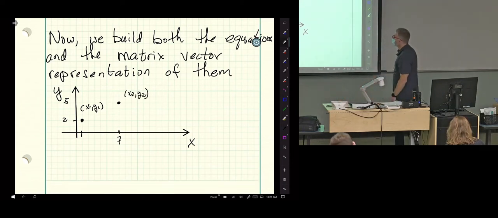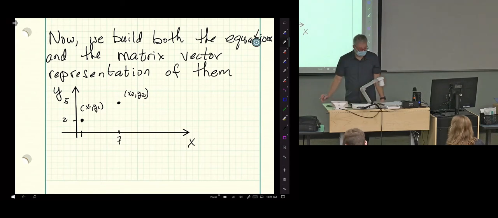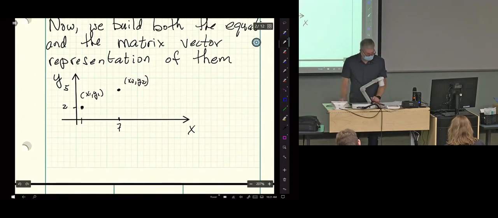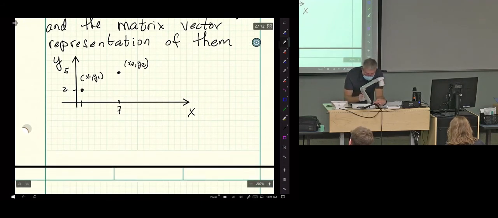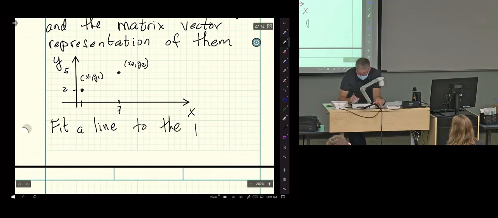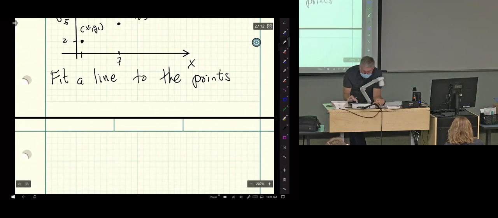Okay, so I won't make you do too many graphs like this, but what I want to do is fit a line to the points. I'm setting us up for some really cool problems later on. So this is particularly simple because I have 2 points, and 2 points determine a line.